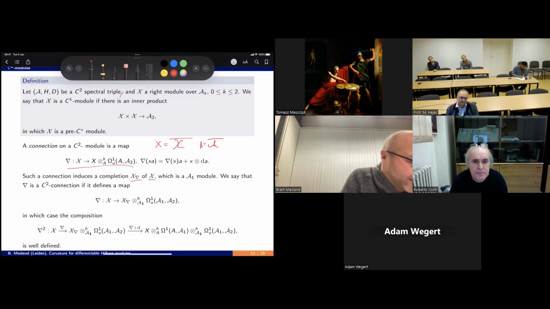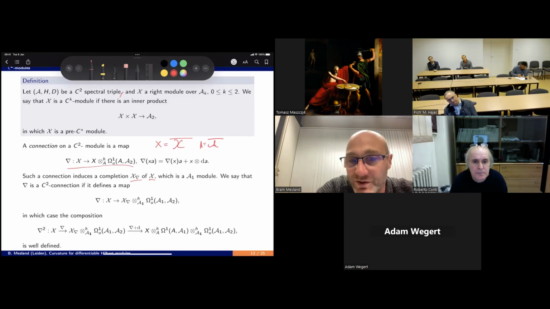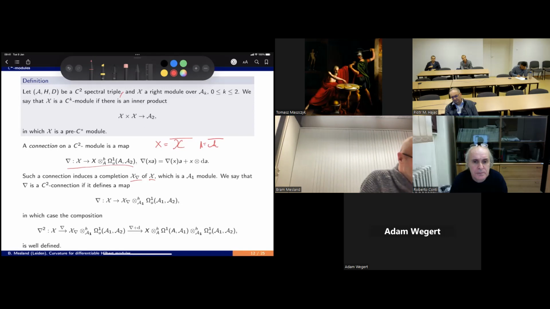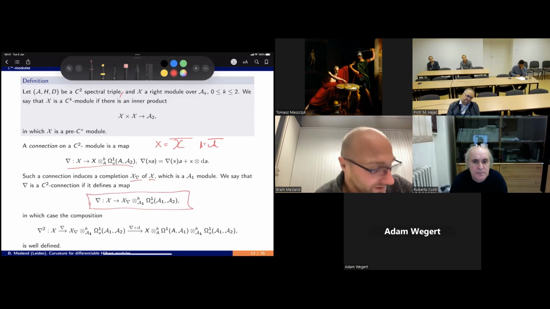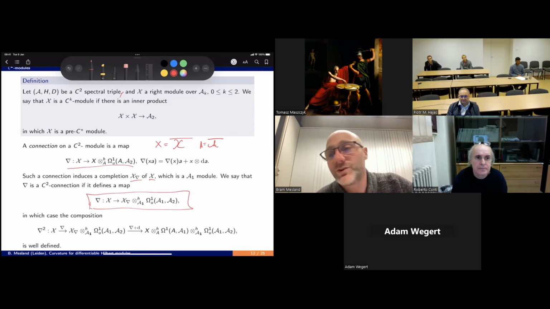And even this X nabla that I indicate here, this completion, can also be done in such a way that X nabla is actually an operator space. And that's what you see on this line. You need to define what you mean by a connection to be C2.